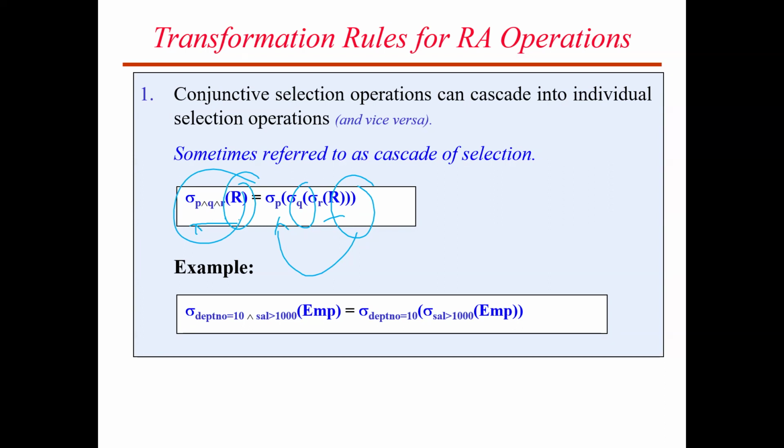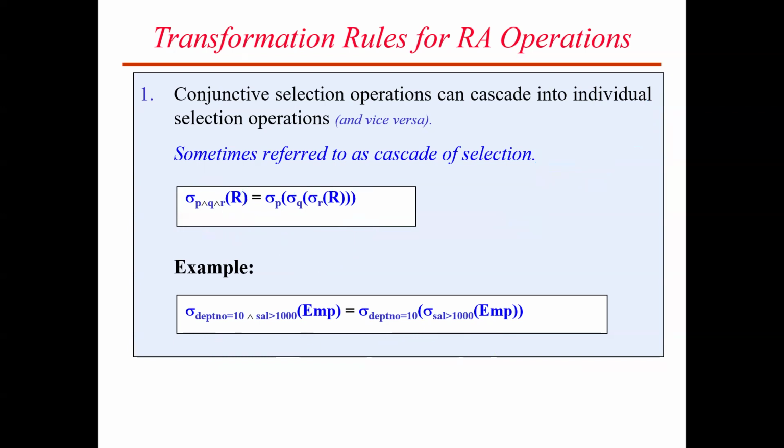For example, here the table R is emp, and P, Q, and R are salary and department number. So saying select department equal to 10 and salary greater than 1000 from employees is equivalent to cascading the selections.